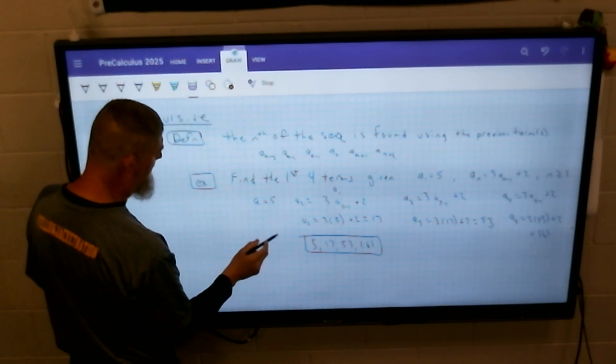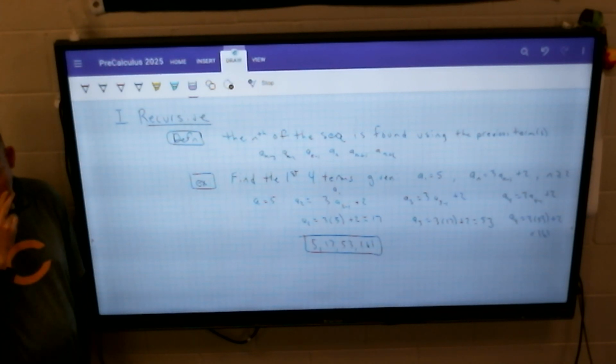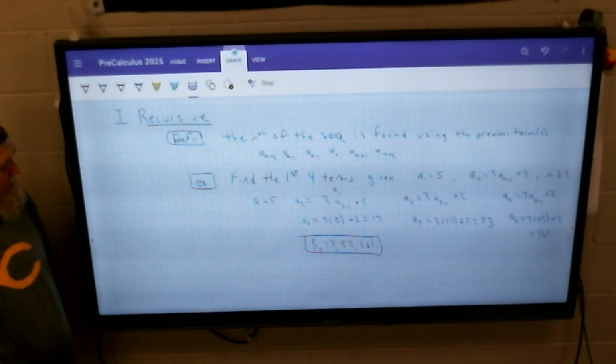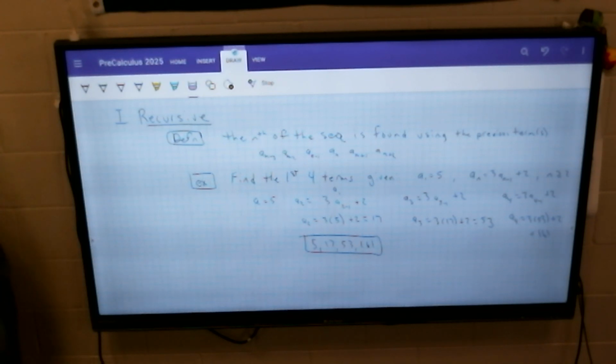Beautiful. So say you give us the first two, or first three, could we find a pattern from there? Can you find a pattern? No, it doesn't look like it. Well, it's not arithmetic. So there's not going to be a common difference.